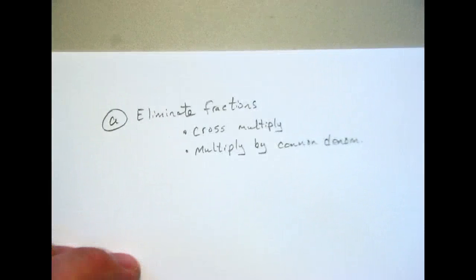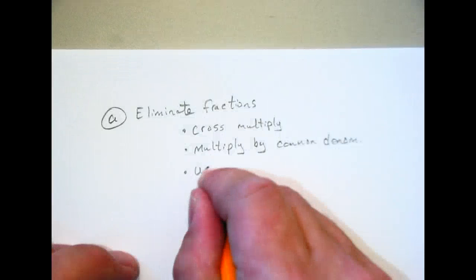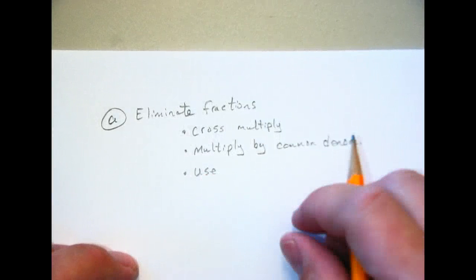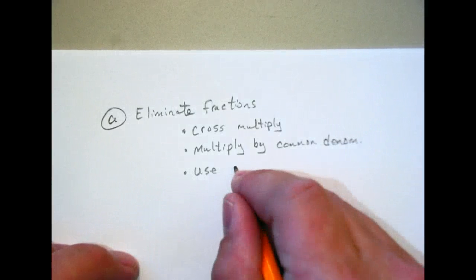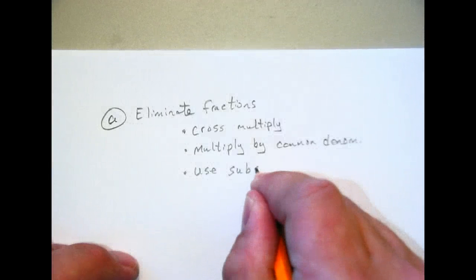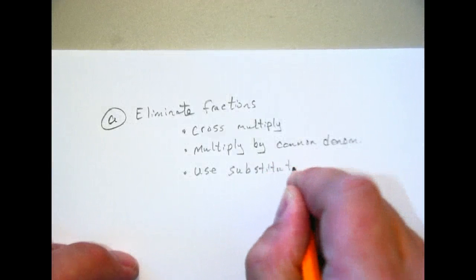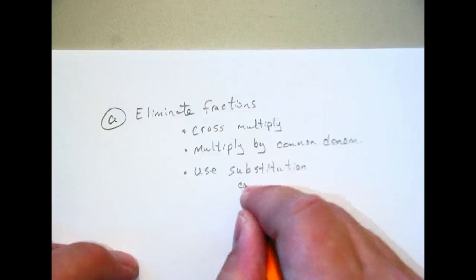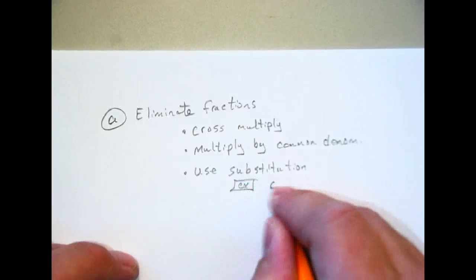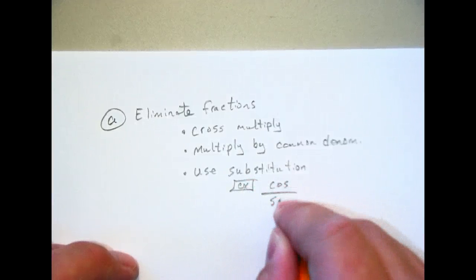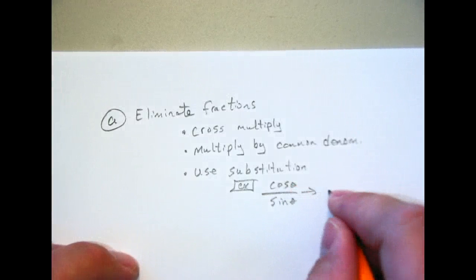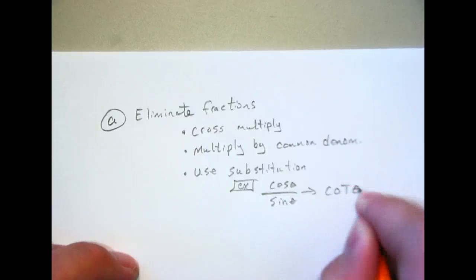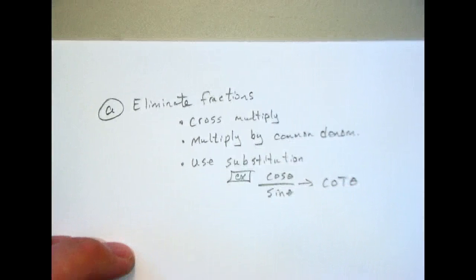Okay, you can use substitution. Substitute. So if you have cosine over sine, that is cotangent. Okay, so use substitution. So if you need an example there, think of it that way, cosine over sine. You could substitute in cotangent. Okay, that eliminated a fraction then.